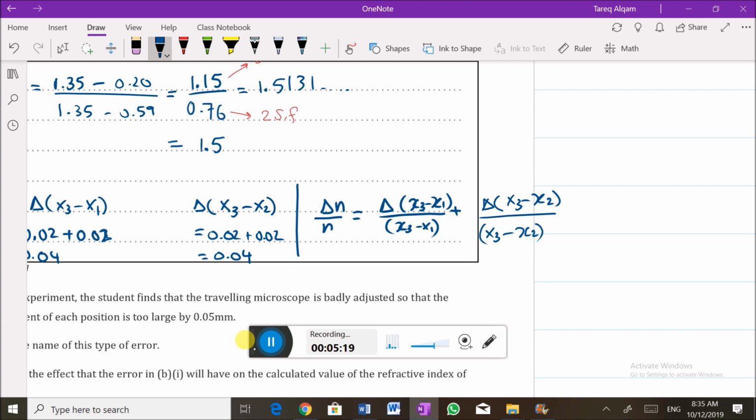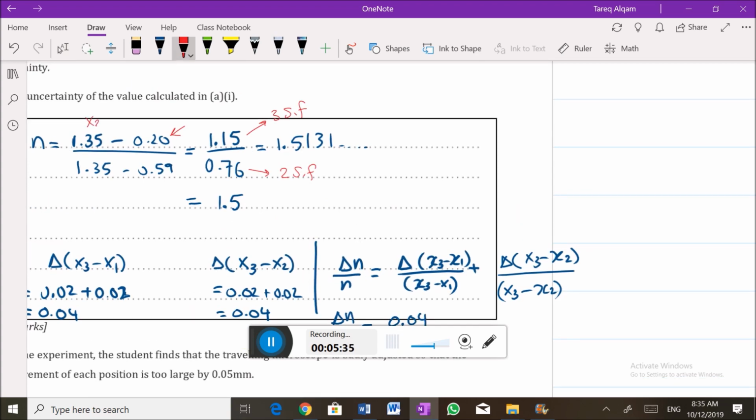Now we are asked about delta n over 1.5 equals 0.04 over x3 minus x1, right?